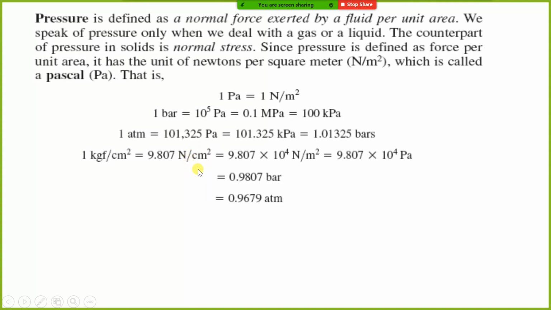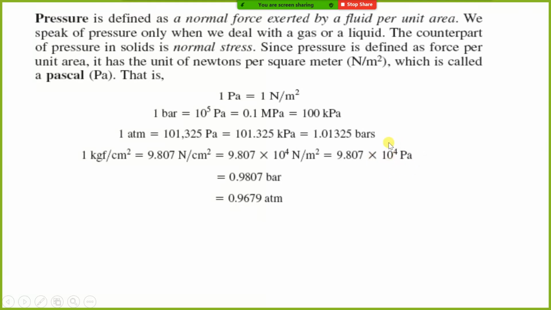If you convert centimeter square into meter square, it will become 10 to the power 4. 9.807 into 10 to the power 4 Newton per meter square is equal to 9.807 into 10 to the power 4 pascal, because Newton per meter square is a pascal. If we write it as 10 to the power 5, then it will become bar.